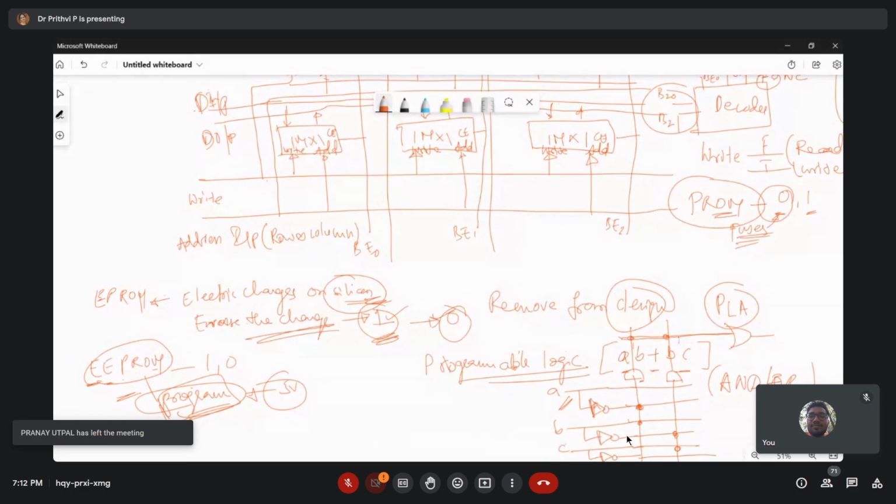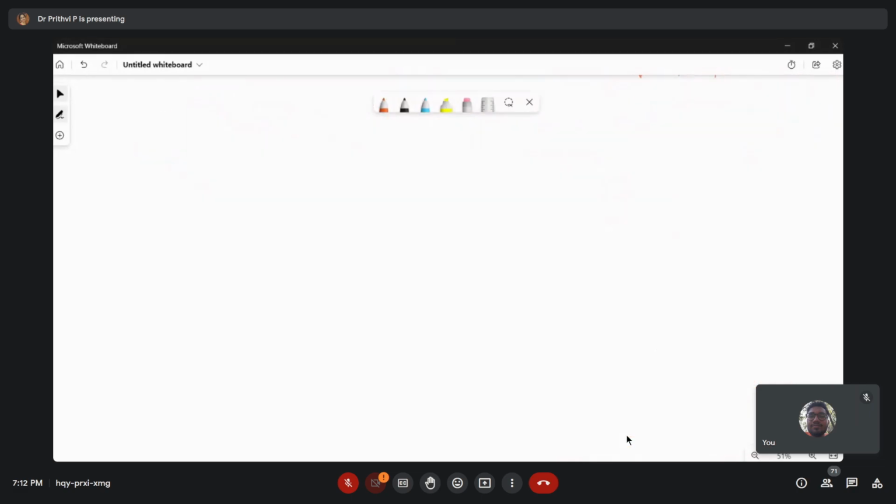Now, something like I have predefined product terms available. Still, my job will be easy. Here, we are defining these product terms and sum terms. Instead, I have predefined product terms and I need to program only one segment. Then it will be very simple for implementing any huge complex circuits or Boolean equations.